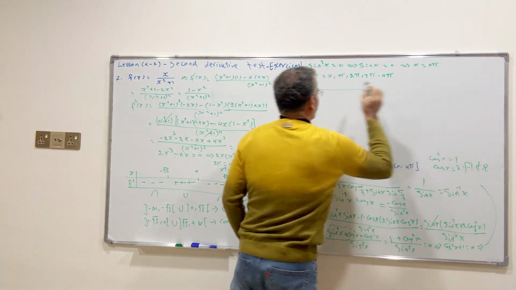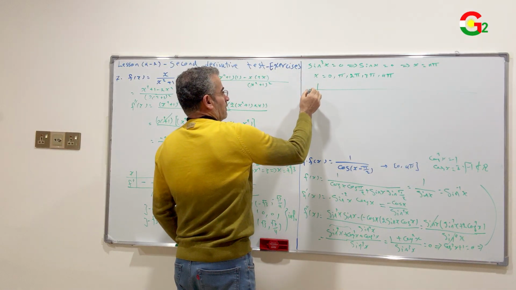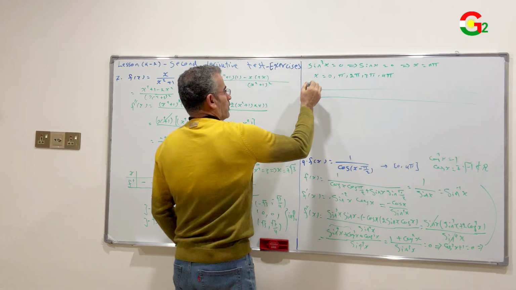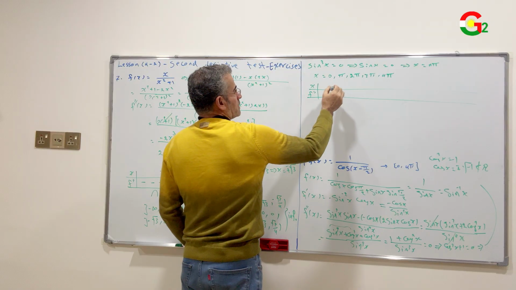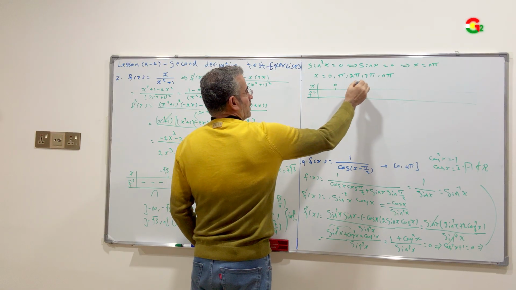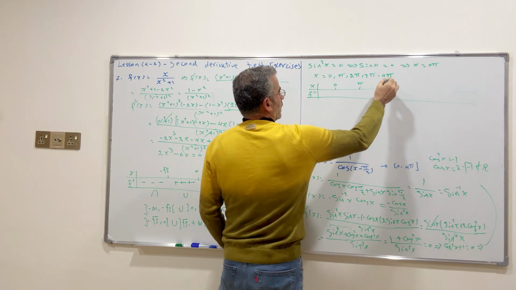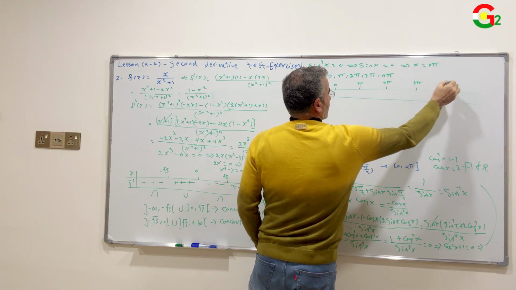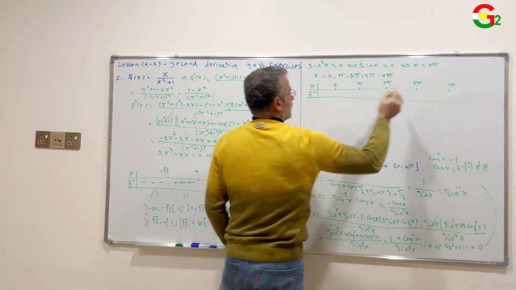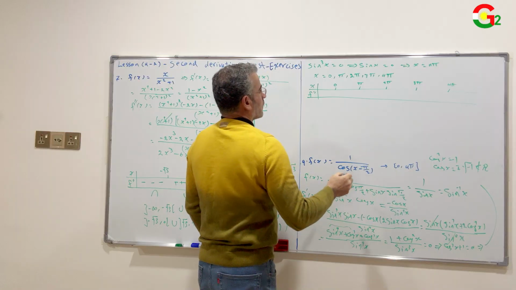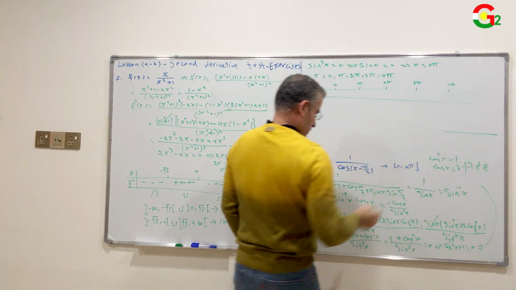Find the sign of the second derivative before and after these points: 0, pi, 2 pi, 3 pi, and 4 pi.